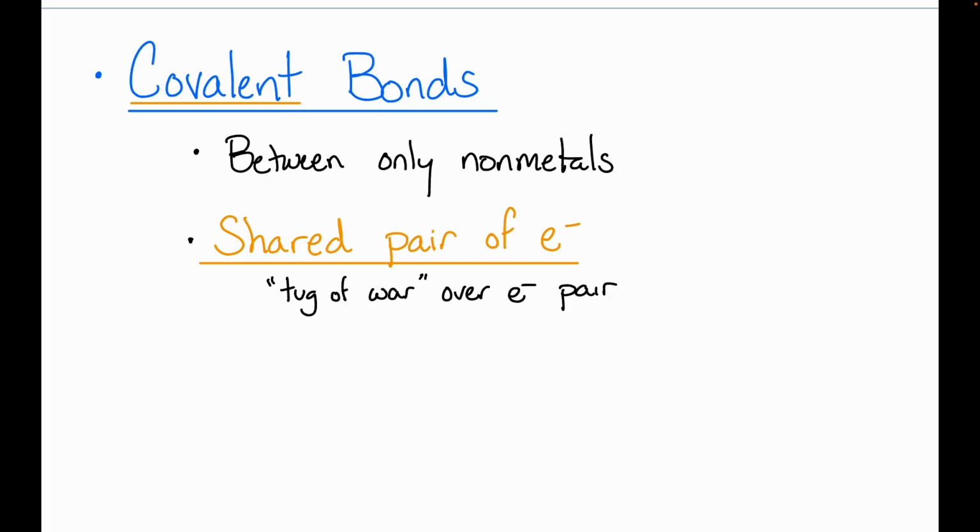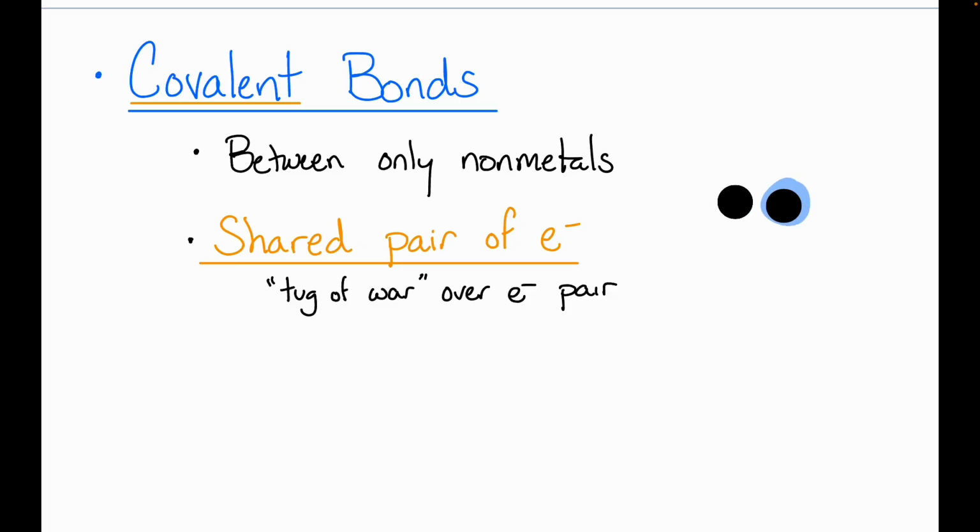All right, if we were going to imagine what a covalent bond looked like here, then again, we're going to start with our two atoms that are bonded together. But now we're going to have to draw this shared pair of electrons. So this atom has its electron cloud.